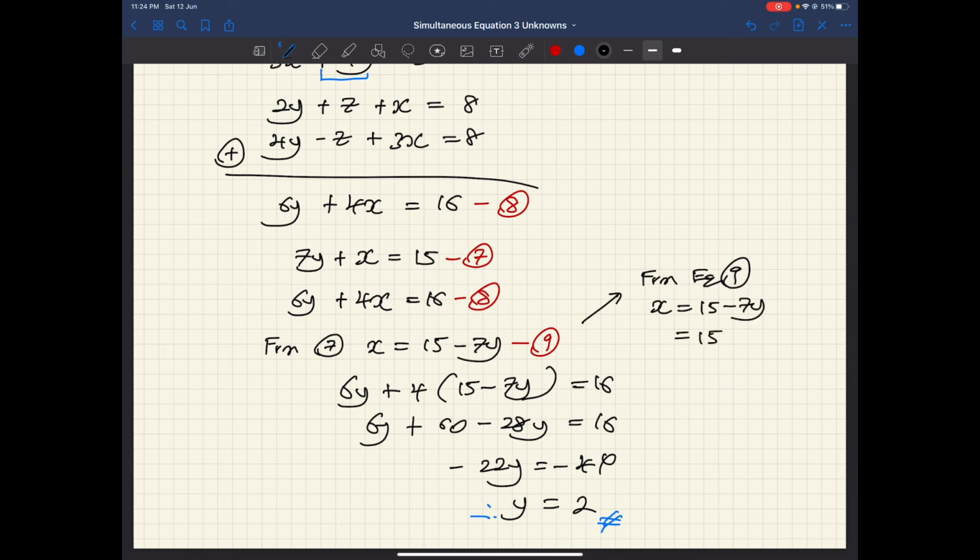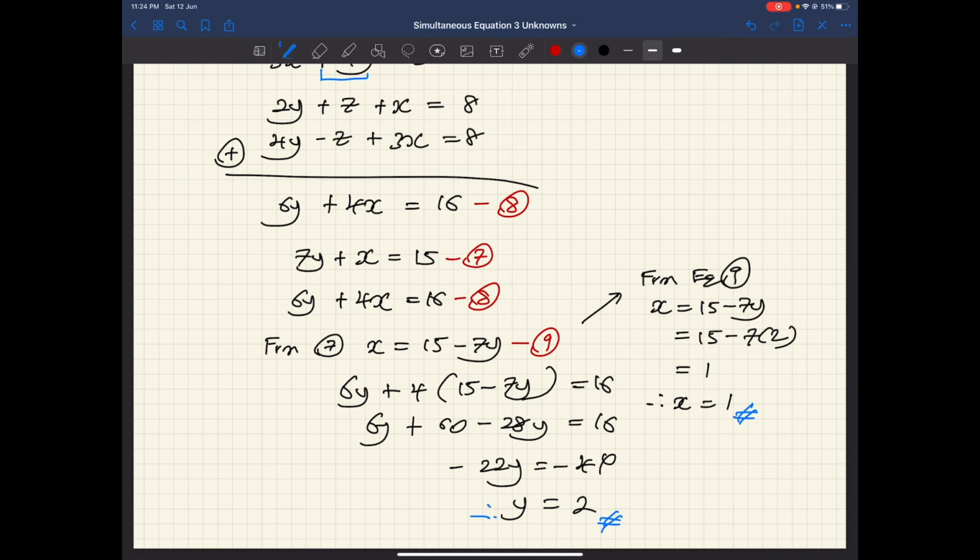Since I have my value of y which is 2, I can just substitute and I get 15 minus 14, which is 1. So my x is going to be 1. Alright, so I have my x, I have my y.